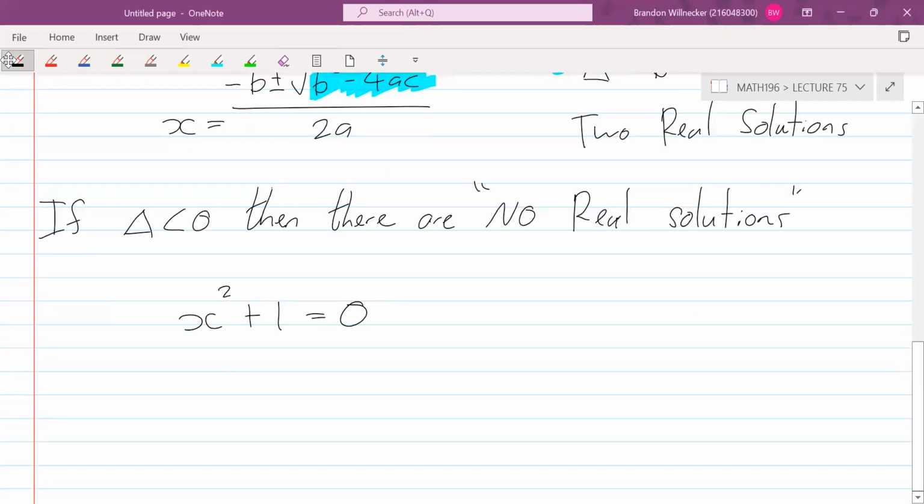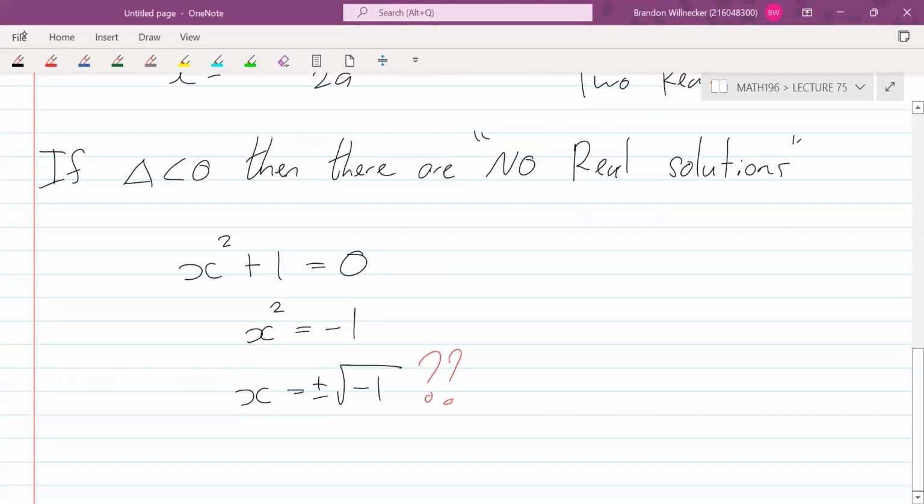However, here, if we try and solve this, we notice that the left-hand side can't be factored easily. If we take the 1 across to the other side, we get x squared equals minus 1, so x equals plus or minus root minus 1. But how do we make sense of that? How do we take the square root of a negative number?